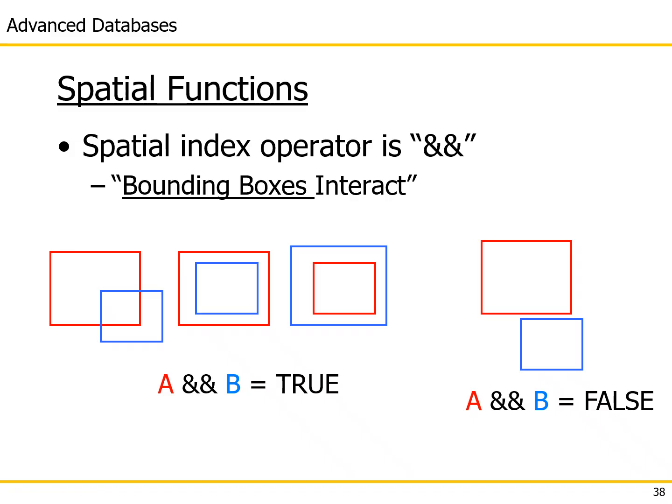So it speeds up computations to be working with bounding boxes instead of working with polygons. So basically, think of this as a box. You're testing whether the boxes are interacting or not. Well, as you see on the left, you have 3 types of interaction, one of them within the other, or there is an overlap. On the right, you see that the bounding boxes are not overlapping and they're not within each other, so the bounding box operator, the 2 ampersands, would return false.